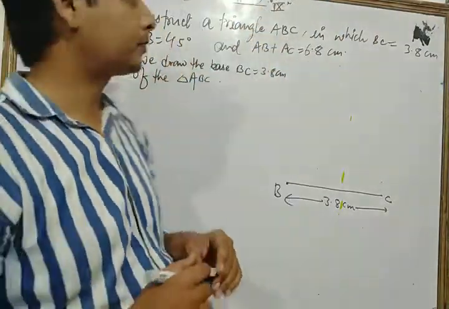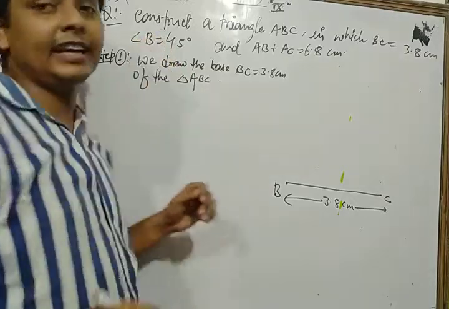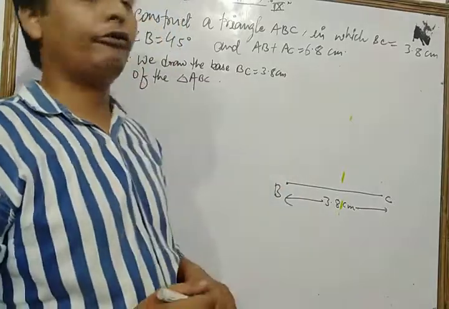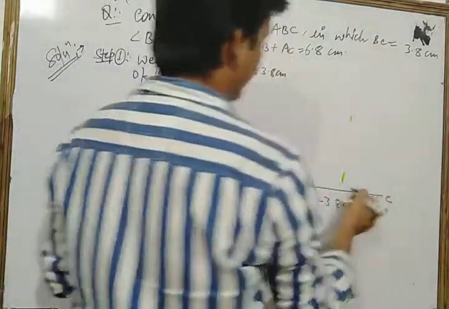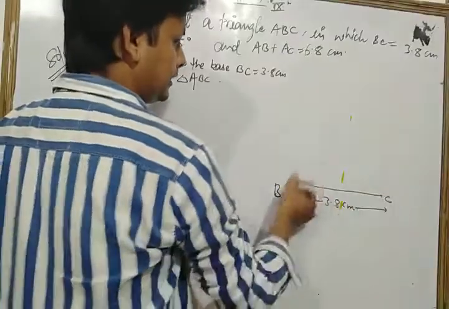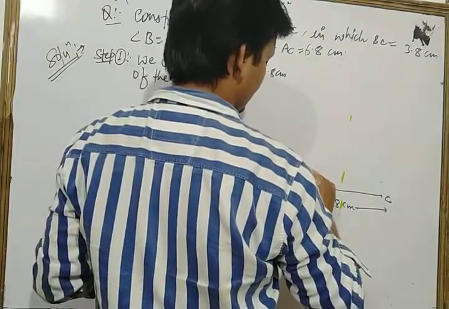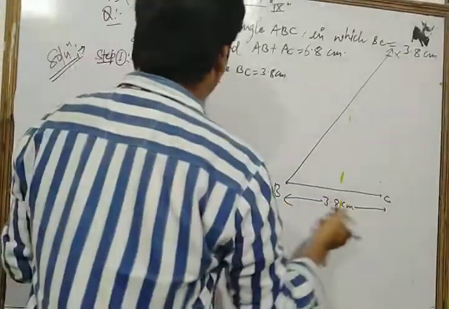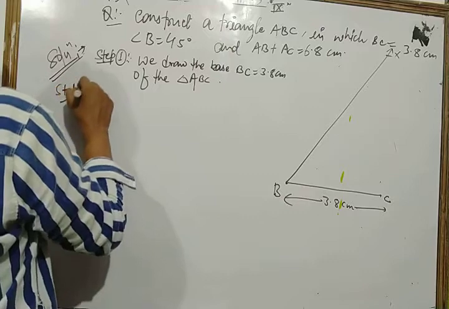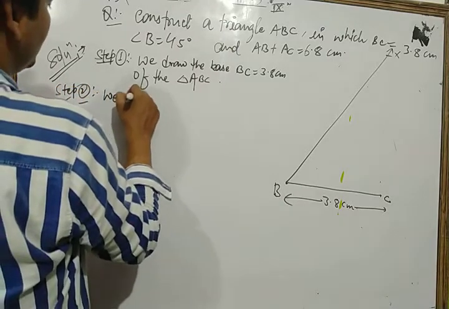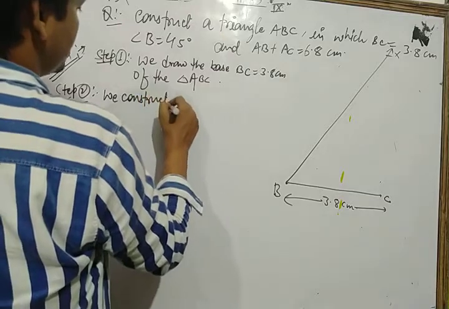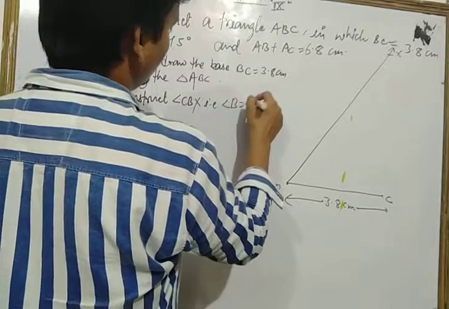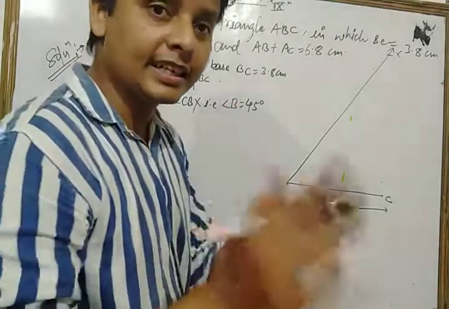After that, we construct an angle of 45 degrees. Now, dear students, we take an angle CBX. We draw any ray BX, and in the second step we construct angle CBX, that is angle B equal to 45 degrees.